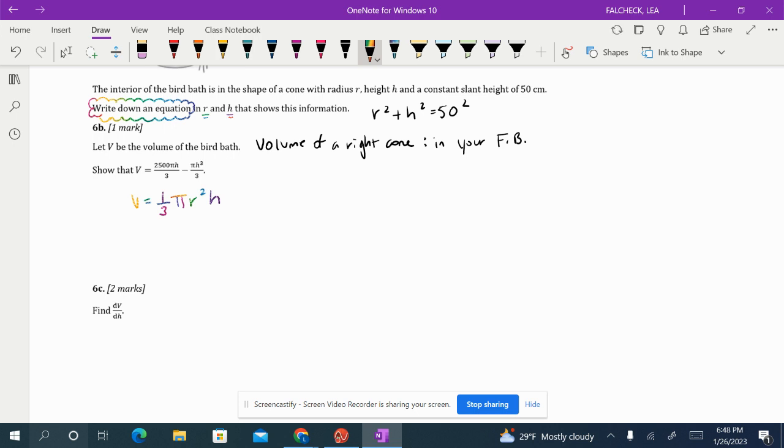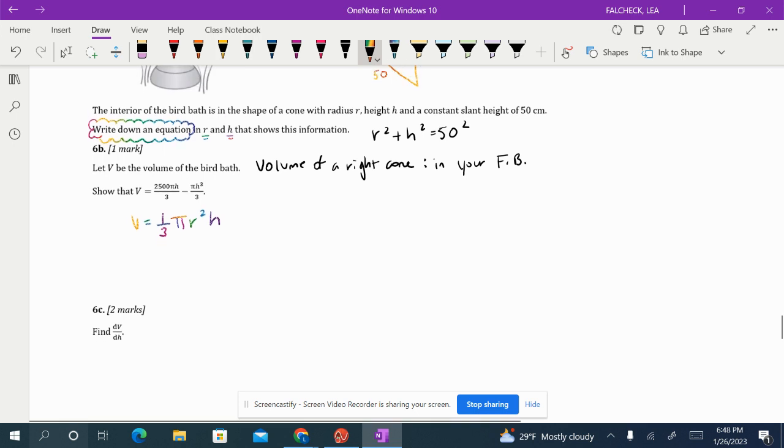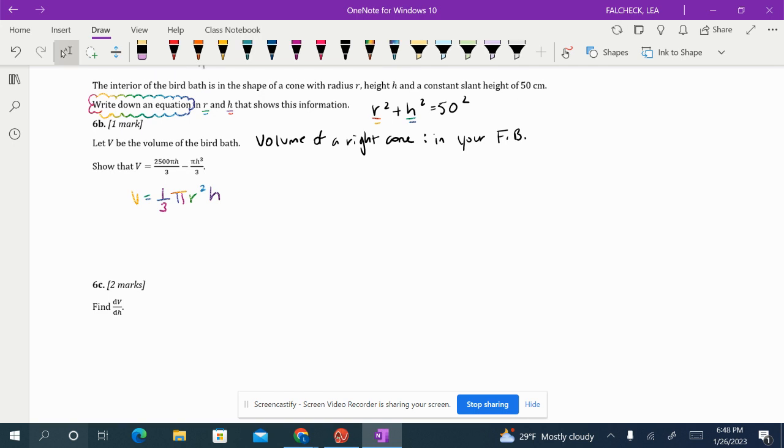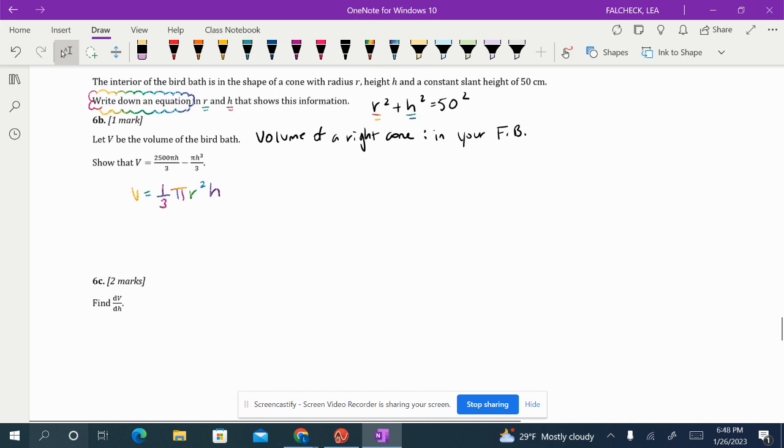If you'll notice, R and H are familiar items. They are up here. Let's pick one variable in order to be able to use it further on in the problem. It looks like they have V in terms of only H, so we are going to want to solve for R in terms of H because there are no R's in here, only H's.